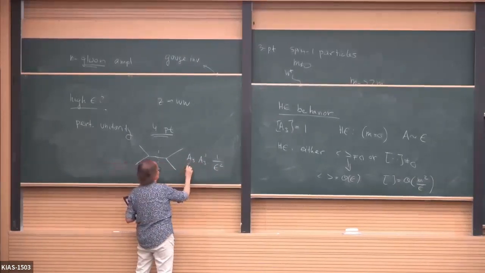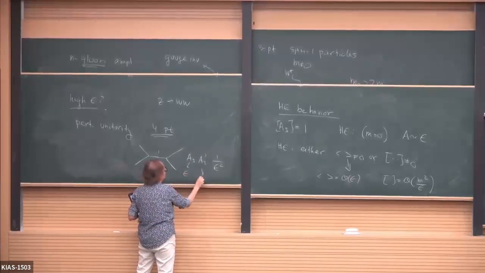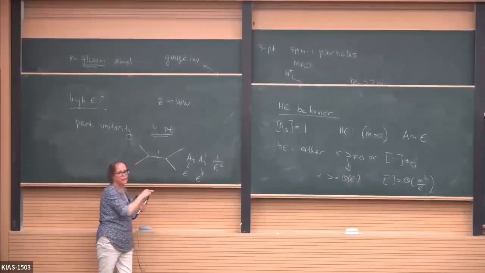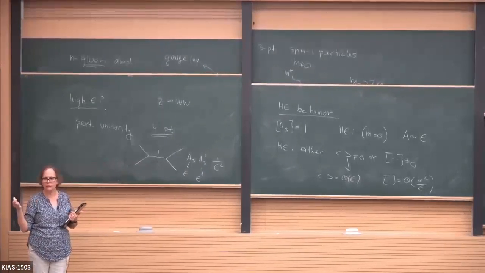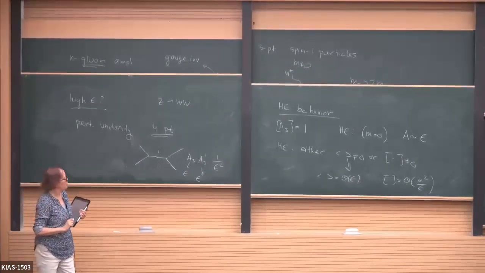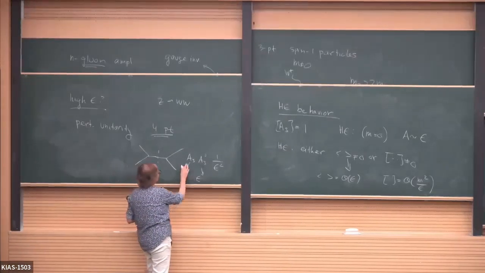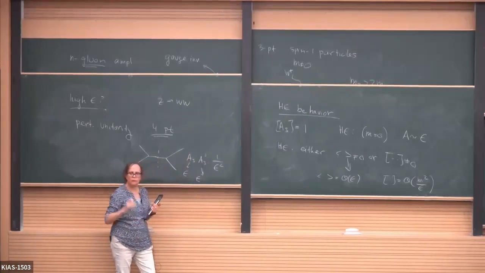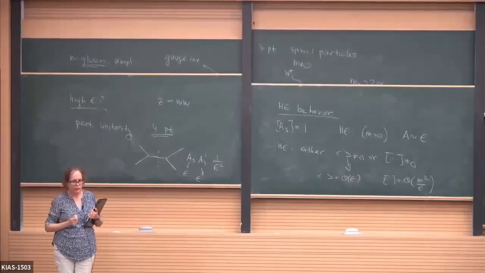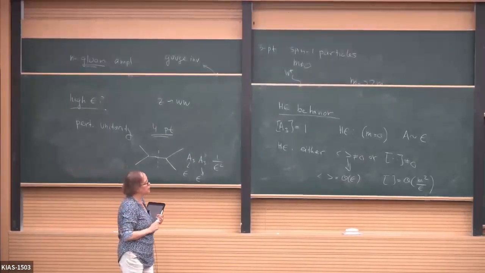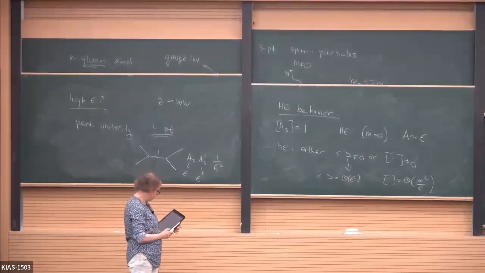So if this goes like E, and this goes like E, then altogether I get something that satisfies perturbative unitarity because it's E to the 0. But if I have any higher power here, it should come suppressed with the lambda. So that's how I determine the normalization of the different terms.